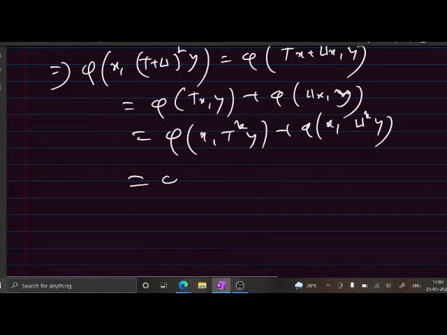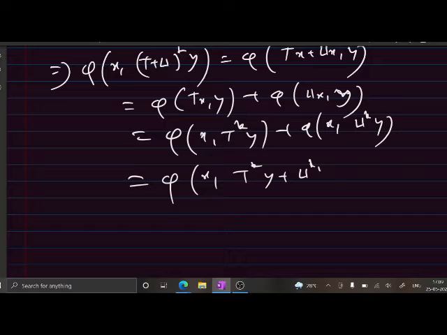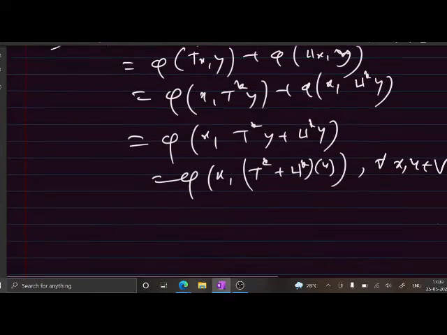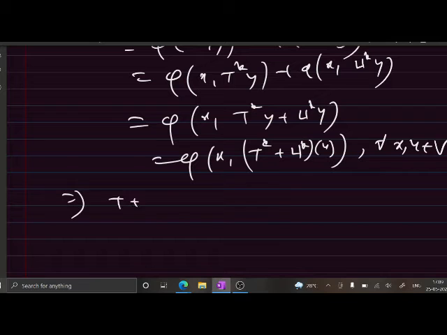Therefore it is phi of x, T star y plus U star y, so ultimately you get (T star plus U star) of y. This is true for all x, y belongs to V. So therefore (T plus U) star is equal to T star plus U star.